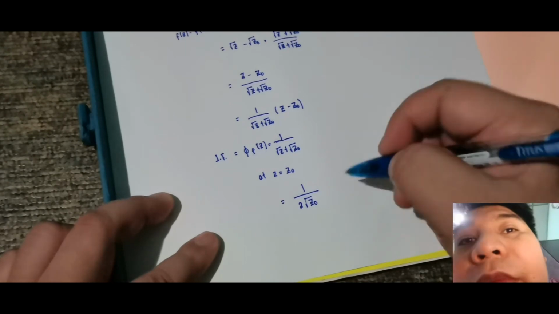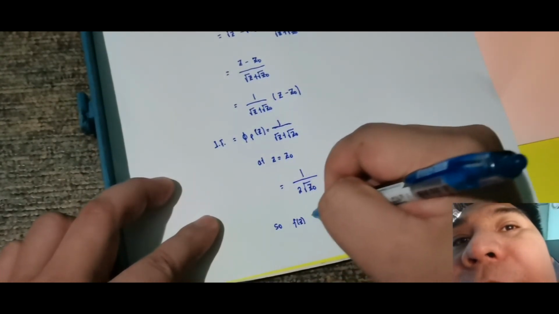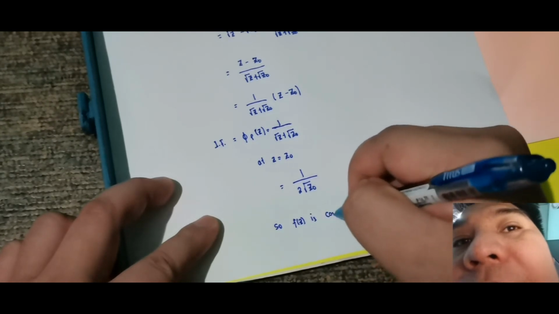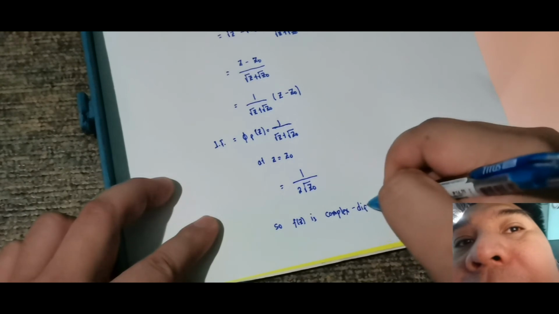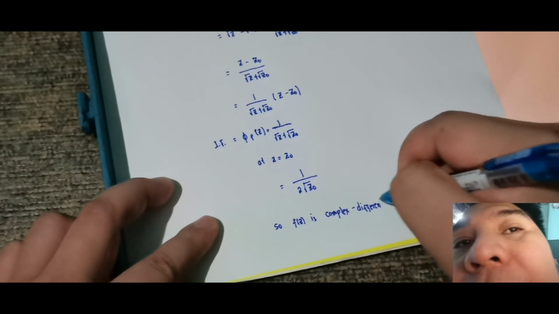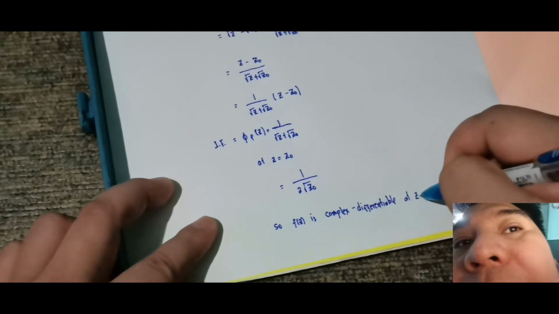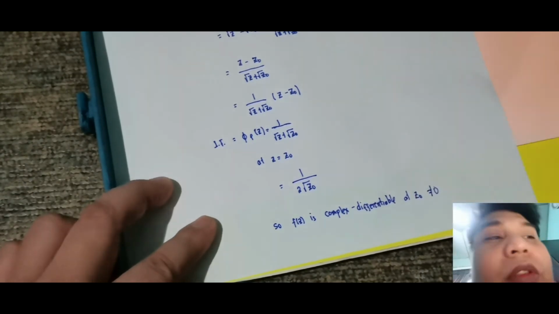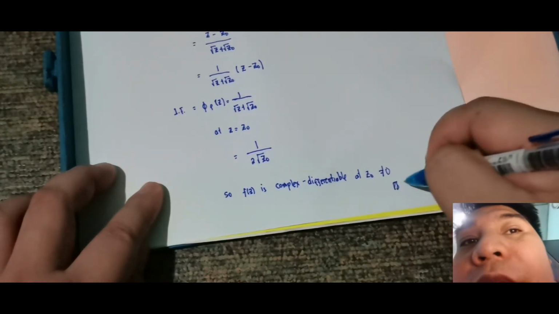Okay, so f of z is complex differentiable at z naught which is not equal to 0. Mas mabuti ilagay mo na yun. Okay, and this is done using CTL.